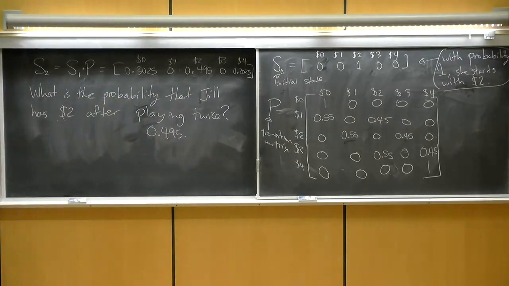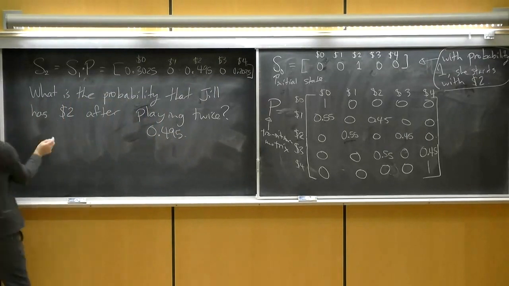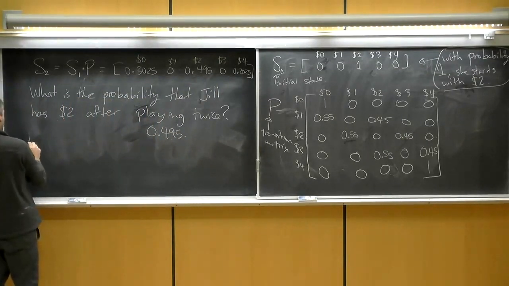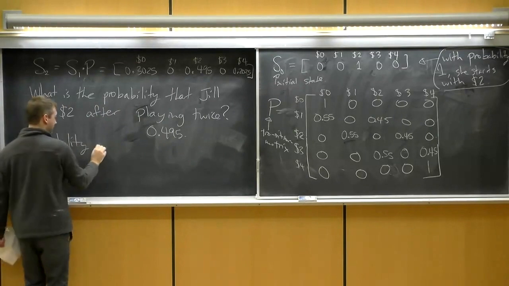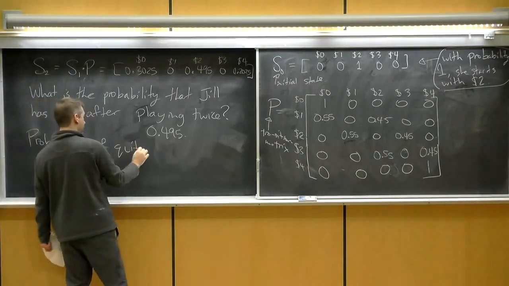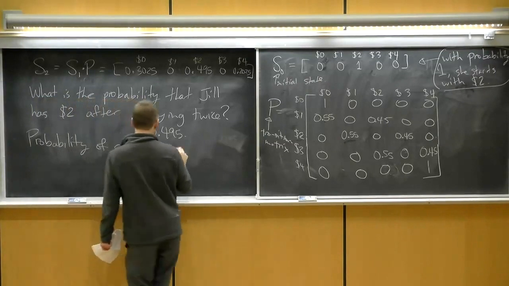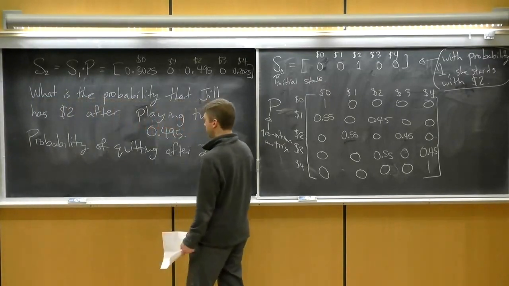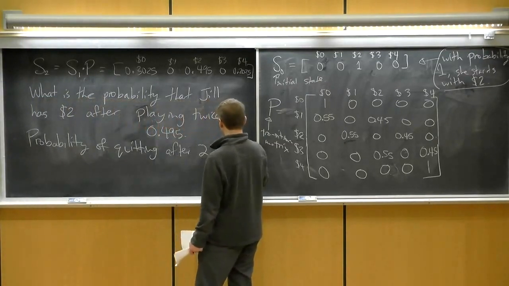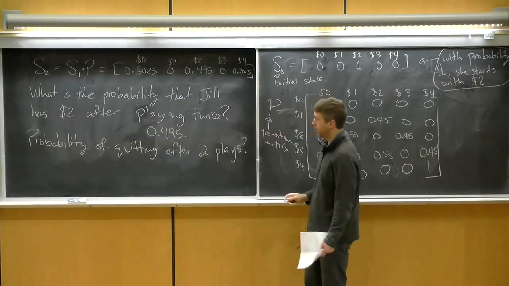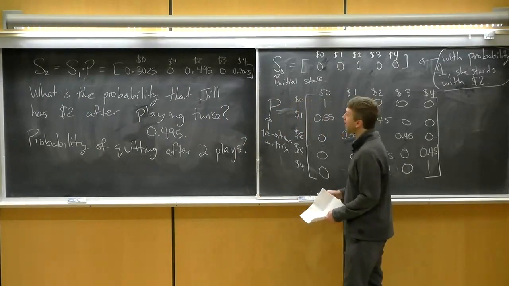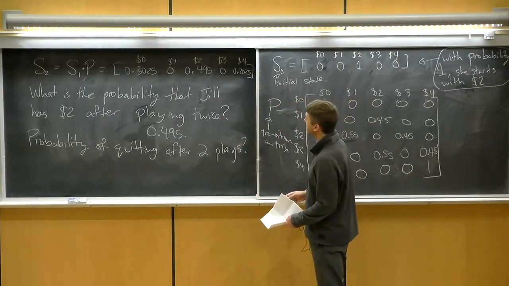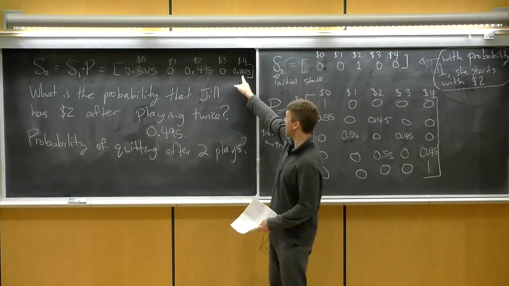You can also say, what's the probability that she goes home, that she quits, so quitting after 2 plays? In that case, it's whatever you get by adding up that and that.